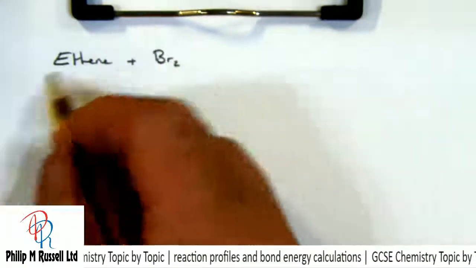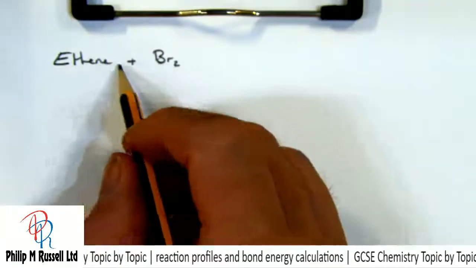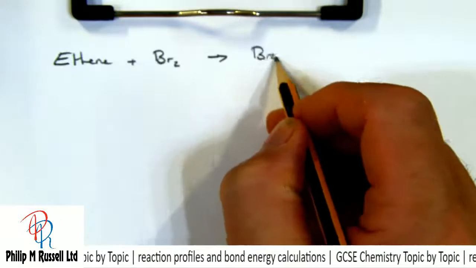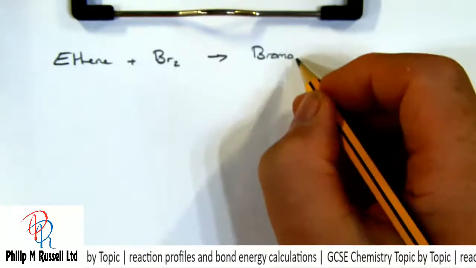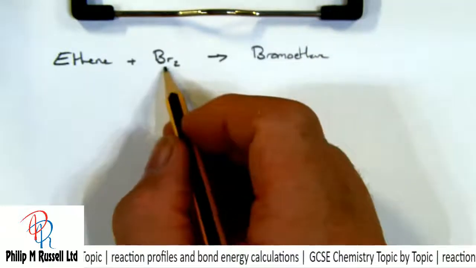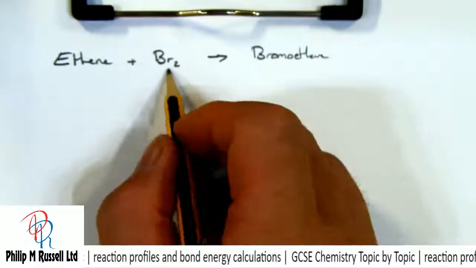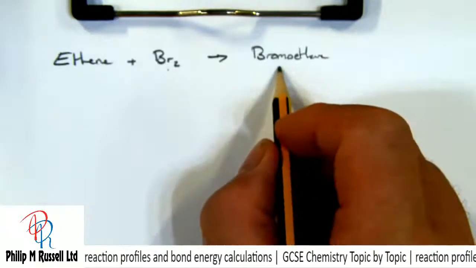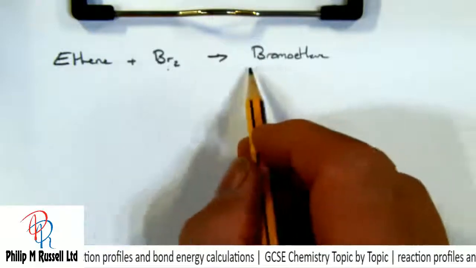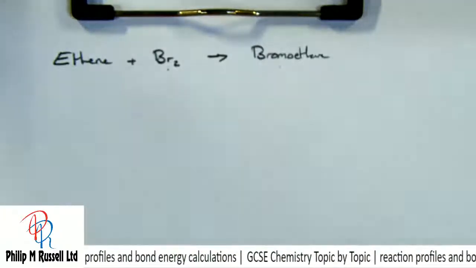Now this is the test for ethene, and what happens is we get a bromoethane. The bromine reacts with the ethene and goes from brown to colourless, and later this is used in GCSE Chemistry as a test for the ethenes.